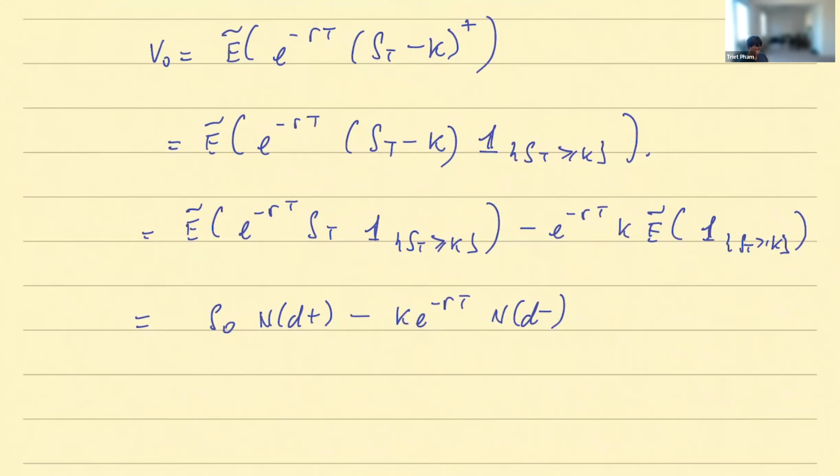Now, can you tell me at least what this means? That's the expected value that you're going to end in the money. You almost get there, Kareem, but you did not say the right word. It's not the expected value, but it's the probability, because it's an indicator function.